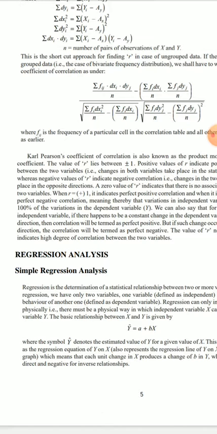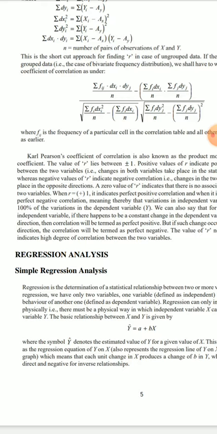Similarly, summation of sigma yi square is equal to summation of yi square minus n y bar square. On multiplication, sigma xi yi is equal to summation of xi yi minus n multiplied by x bar multiplied by y bar.